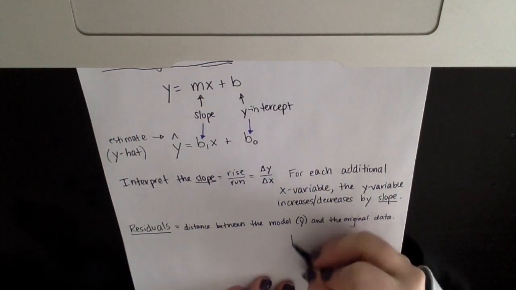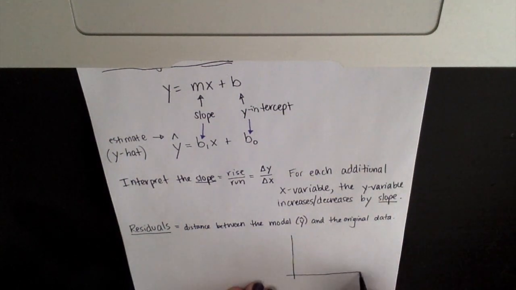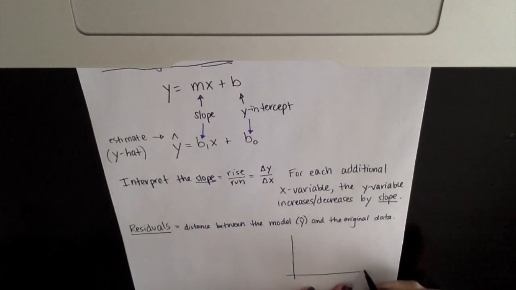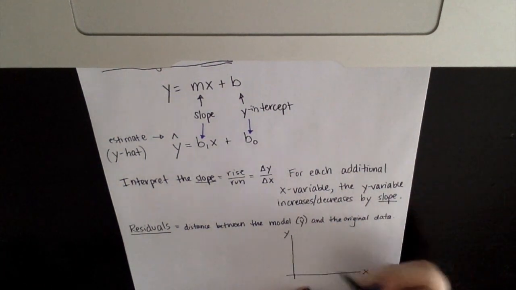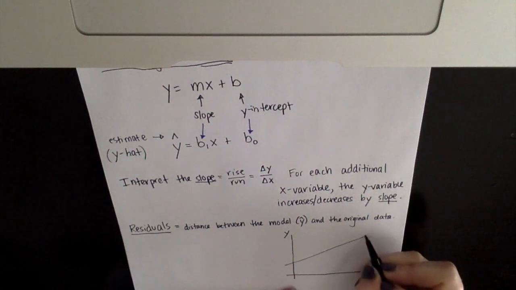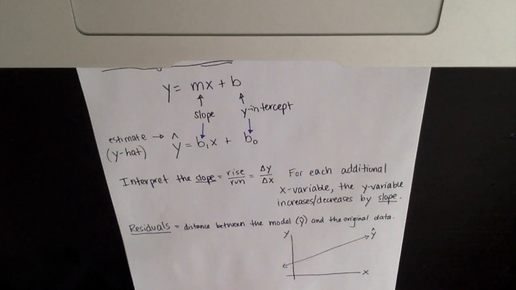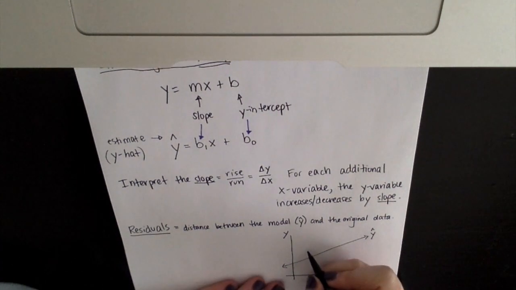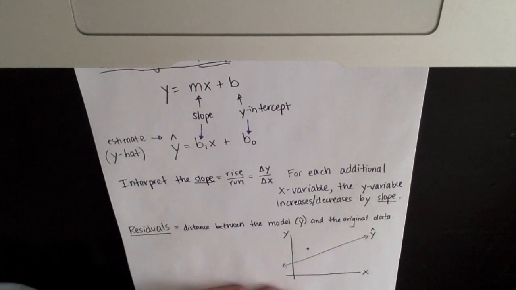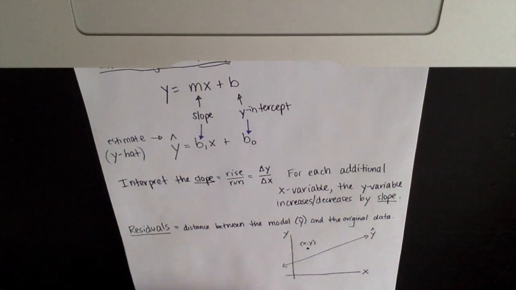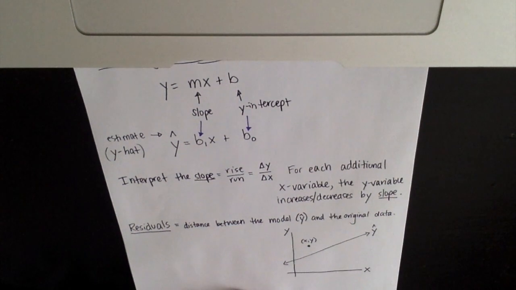So I'm going to draw a little picture right here. It's just a scatter plot that has only 2 points on it, to be really clear about this example. So I'm going to put the x and y axis here, and I'm going to draw y hat, okay? So here's y hat, and I'm going to put this point right here, okay? So this point is any value, let's say, above the line at x comma y, all right?